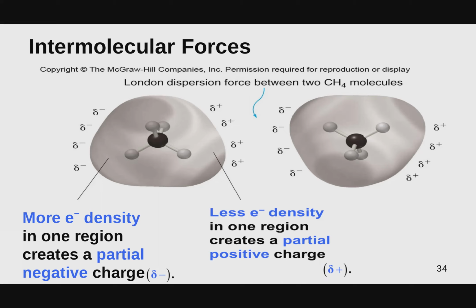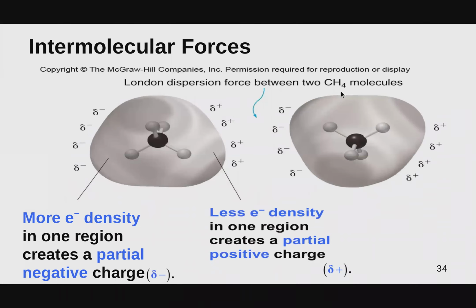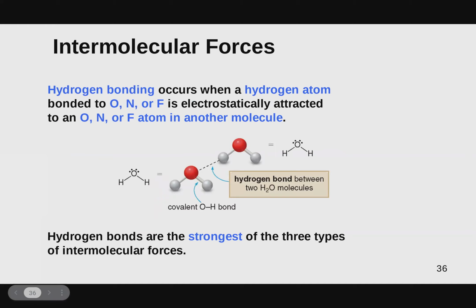So you can imagine if methane was much, much larger, the probability of a partial positive charge or a partial negative charge appearing should increase as the number of covalent bonds increase. And we can actually physically look at this again, where we have formaldehyde, where there's some dipole interactions here. Again, giving an interaction not just with one molecule here, but also with two molecules. So in this example, I gave you just two molecules working with one another. In this case, we have three molecules interacting with one another.